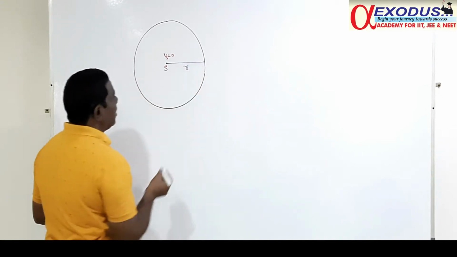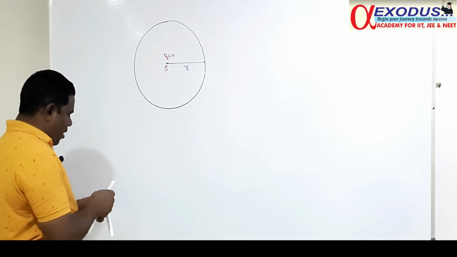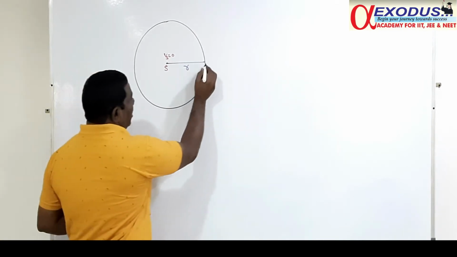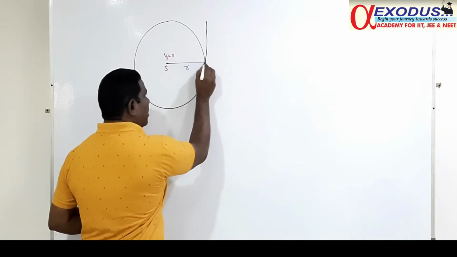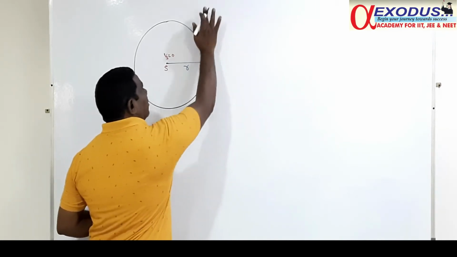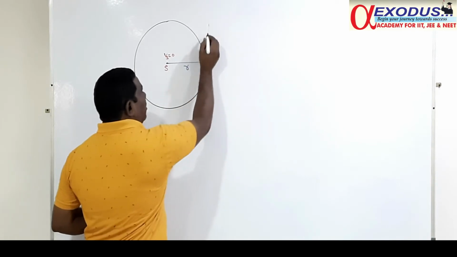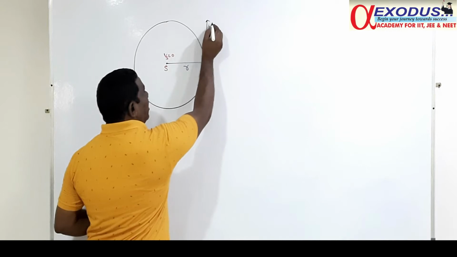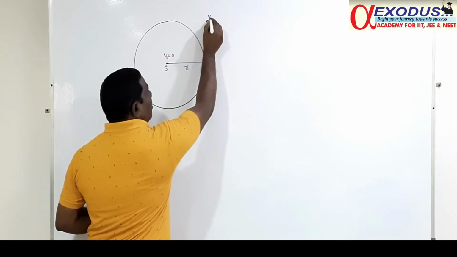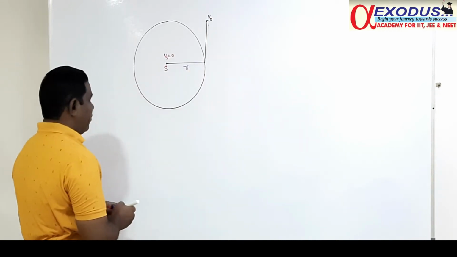The radius is R. At this point, the motion of the observer is tangent, with the velocity of v0.